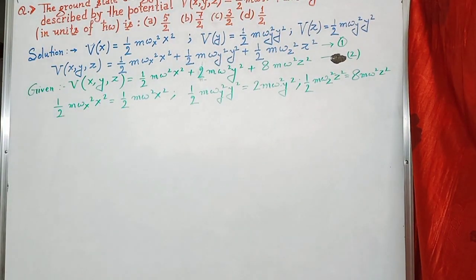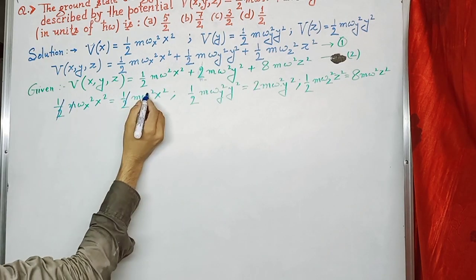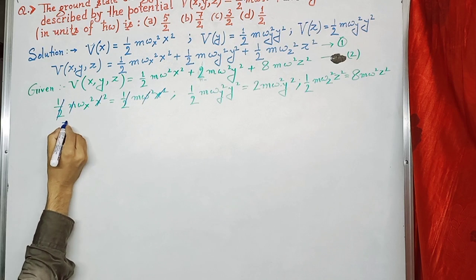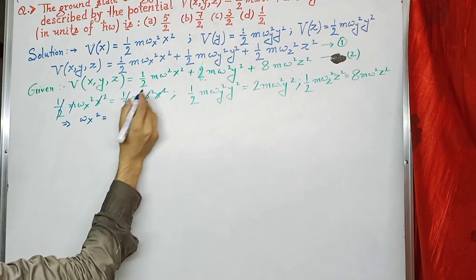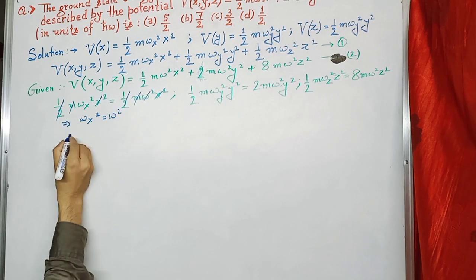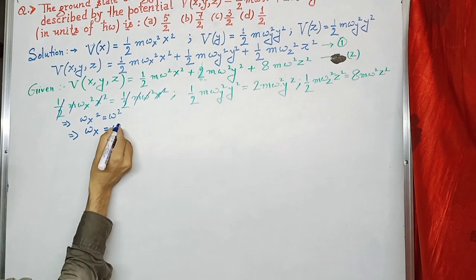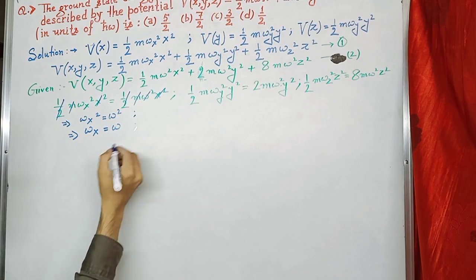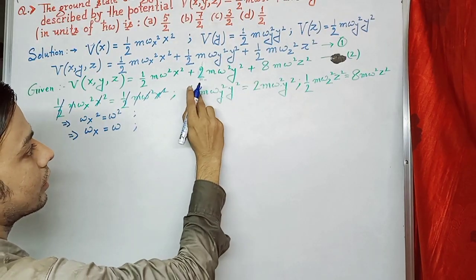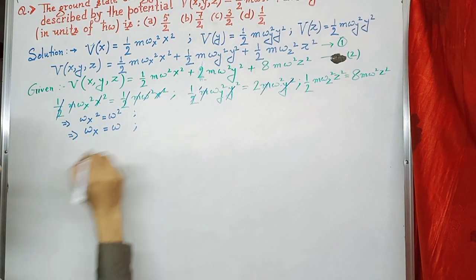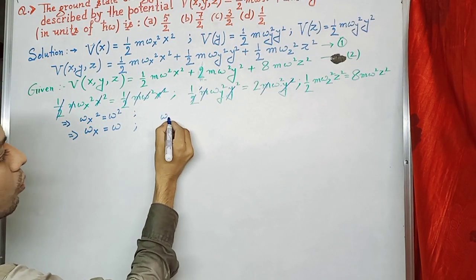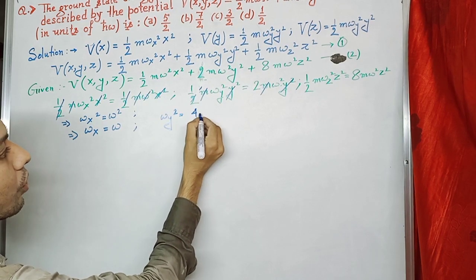If we compare these equations, the half and half will cancel, m and m will cancel, x square will cancel, therefore we get omega x square equal to omega square, or omega x equal to omega. Similarly, cancelling half, m and y square, and cancelling the 2, we get omega y square equal to 4 omega square.